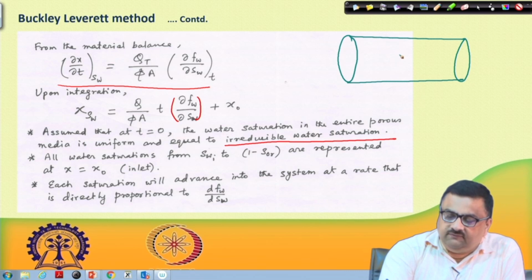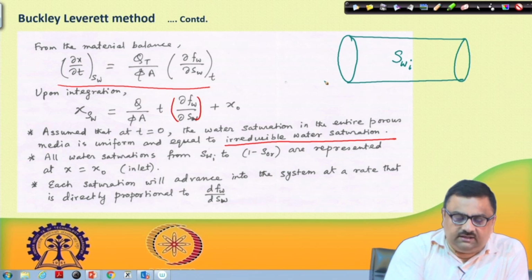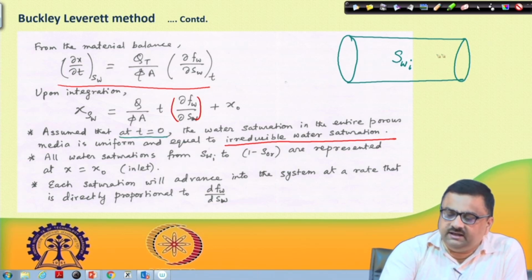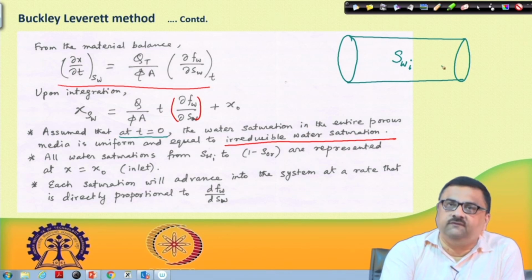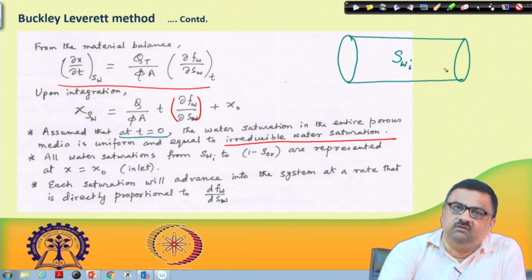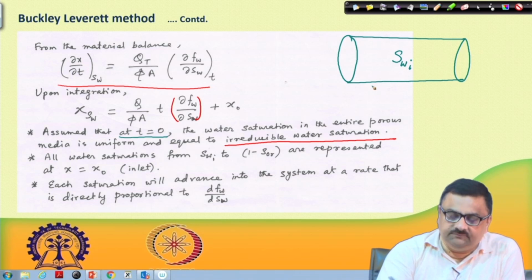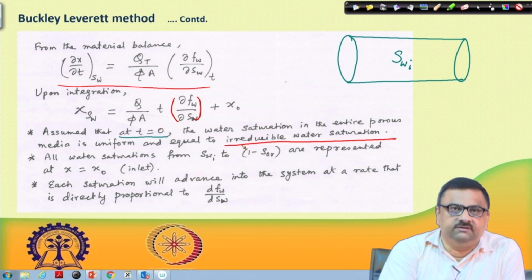Initially, the wetting phase was at SWI, irreducible water saturation. So, that is exactly what it says: at t equal to 0, the water saturation in the entire porous media is uniform. Everywhere it is SWI, because we cannot go below SWI by any means.